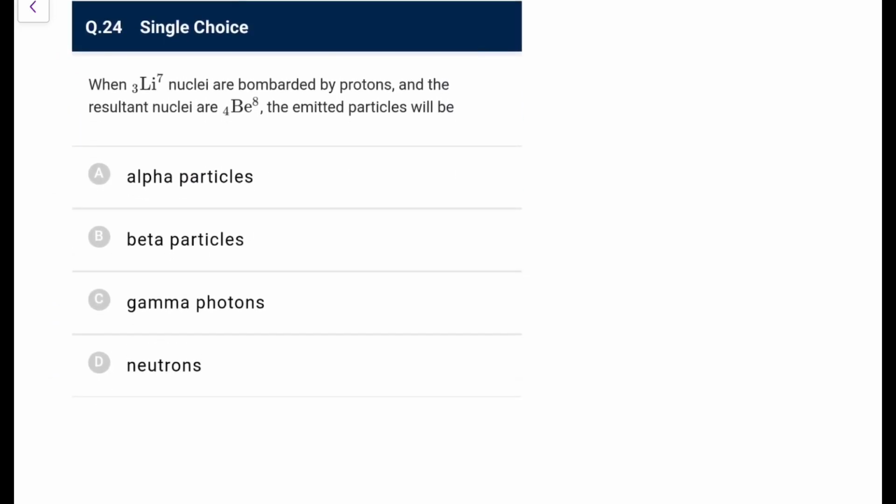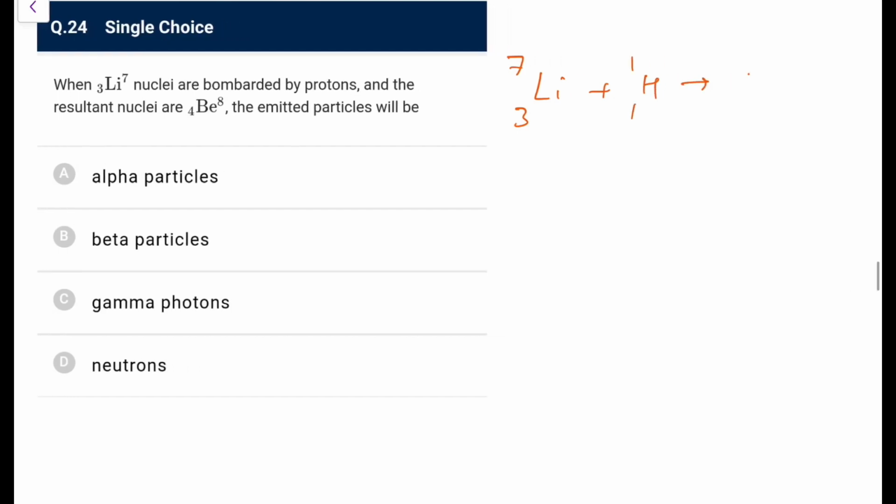When lithium is bombarded by protons and the resultant is beryllium 48, the emitted particles will be, so what we can have, 7 lithium striking with proton, I can write it as 1H1, we get beryllium 48. So first of all, this total is matched, so it cannot be electron, it cannot be proton, it cannot be neutron, it can only be gamma photons in this particular case.